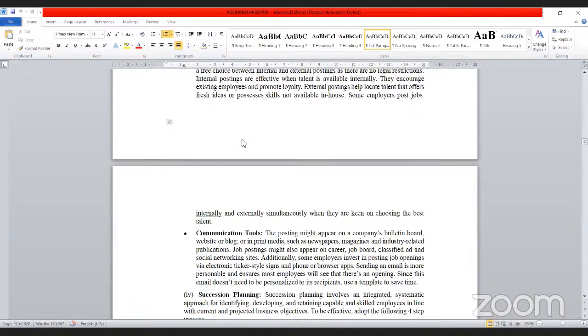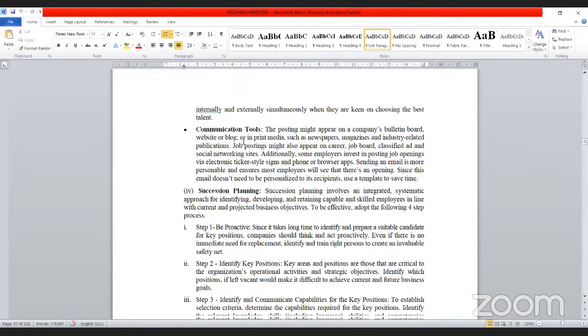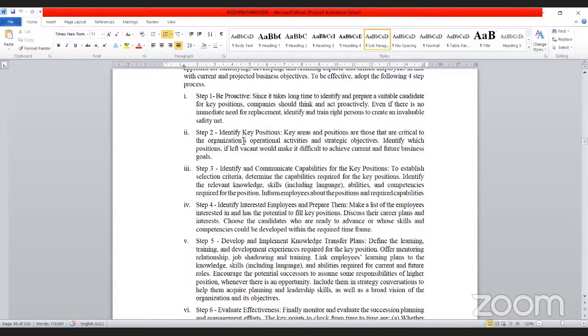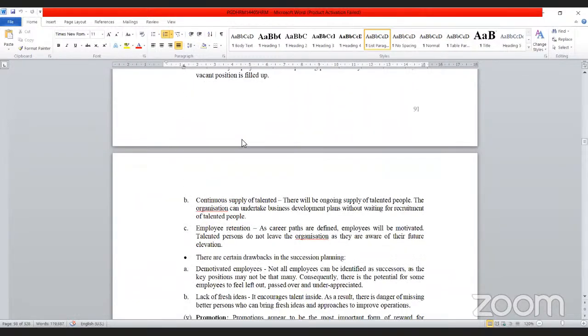There is job posting, if you see any ads. There is succession planning, for very key positions, where they see who can stay in the organization for a longer period of time, take the company forward with skills, and whom they can retain for the longest.